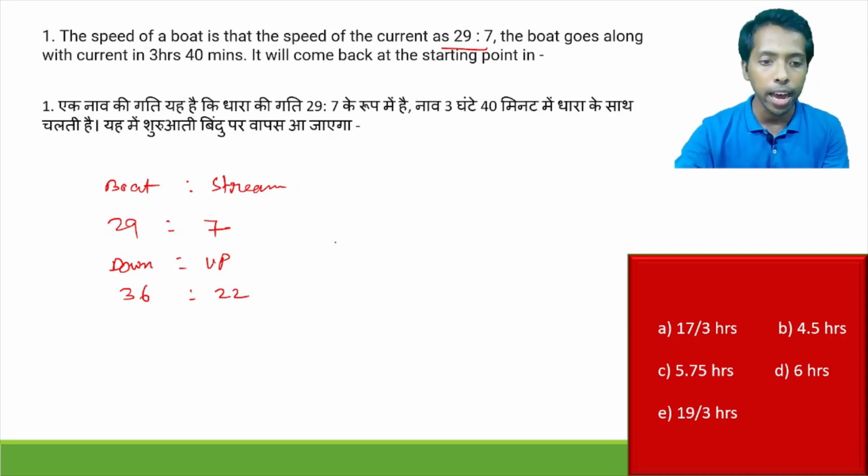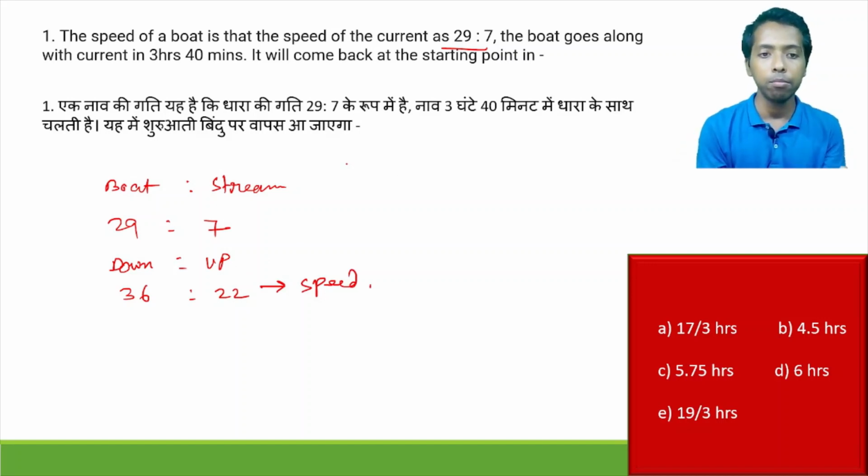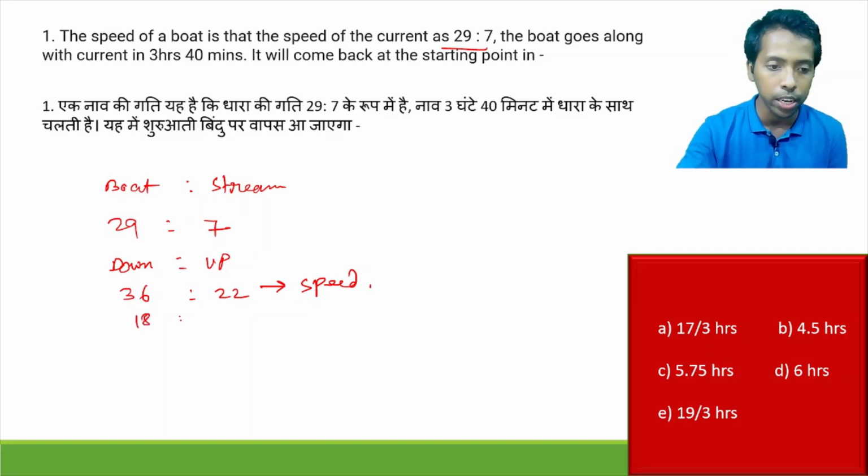Now what it's saying, and this is the speed ratio. And one thing also keep in mind: if the distance is the same, speed ratio is inversely proportional to time ratio. See here, the downstream and upstream speed is 36:22. So just reduce it, that is 18:11. This is the speed ratio.